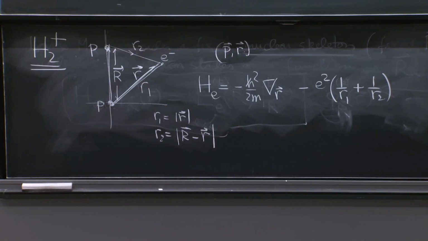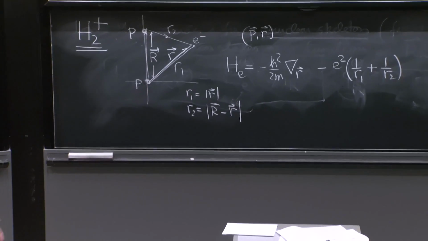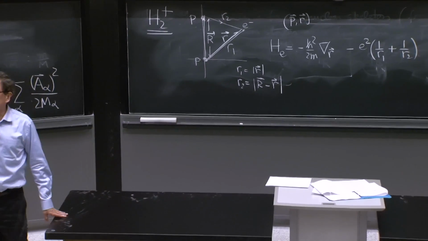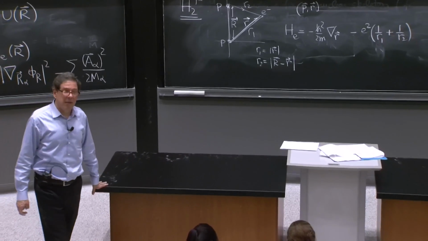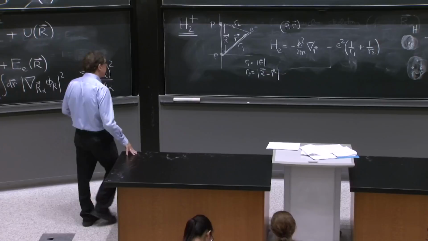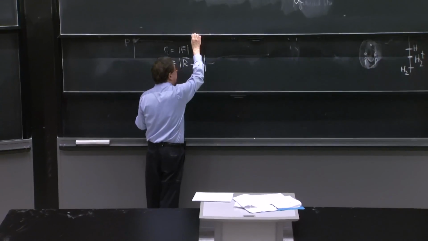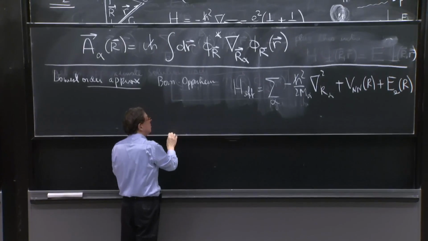Okay, so you can't solve this. That's life, can't be solved. But we can do something, and we can do something variational. We can try to find some kind of approximation for the state of the electrons and use that.